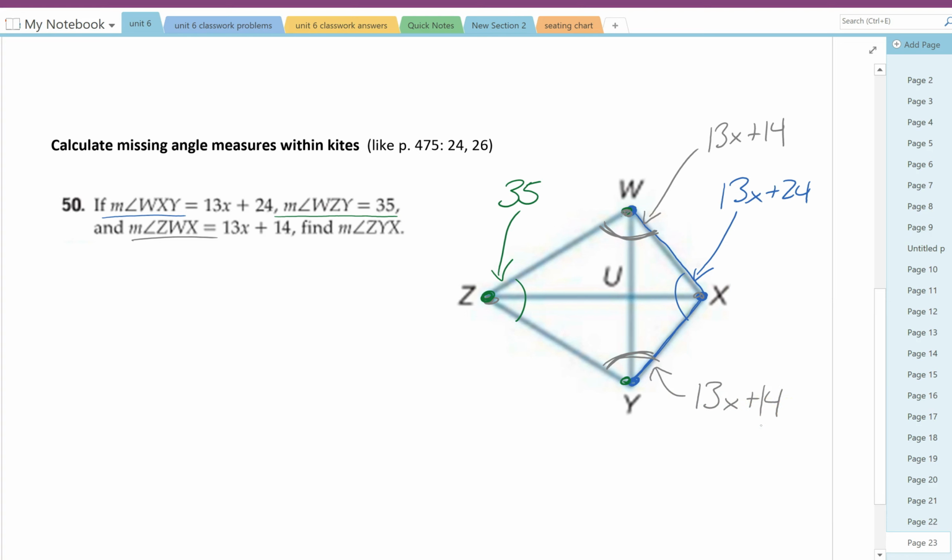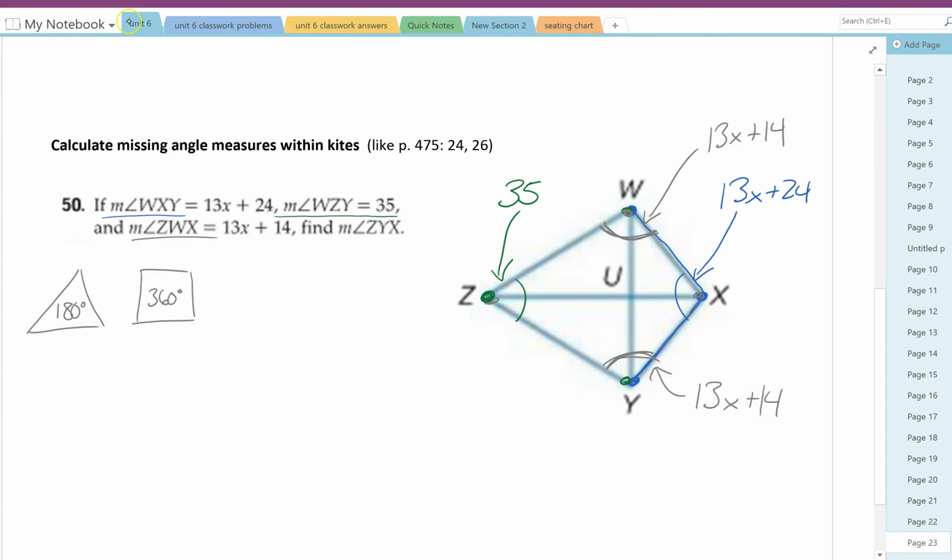All right, the next thing I have to remember is how many degrees there are inside of a 4-sided shape. You know that a triangle has 180 degrees, and if you think back a few days ago, hopefully you remember that any 4-sided shape, it doesn't have to be a square, is going to have 360 degrees inside of it.